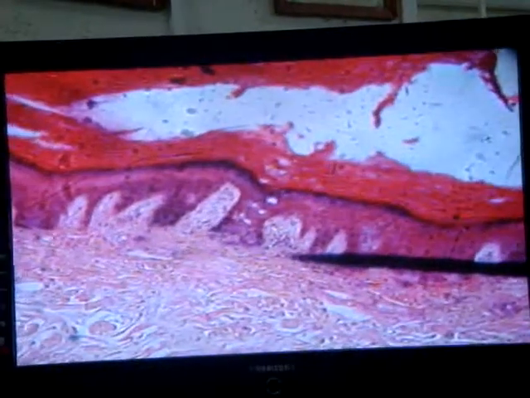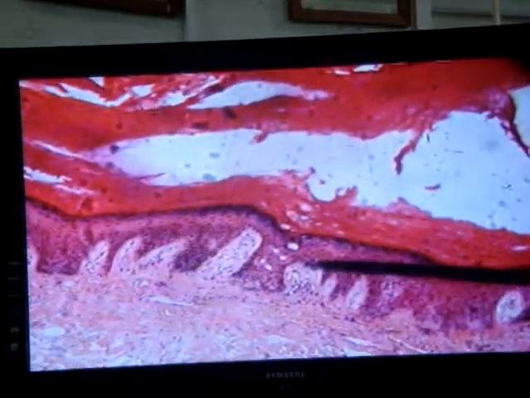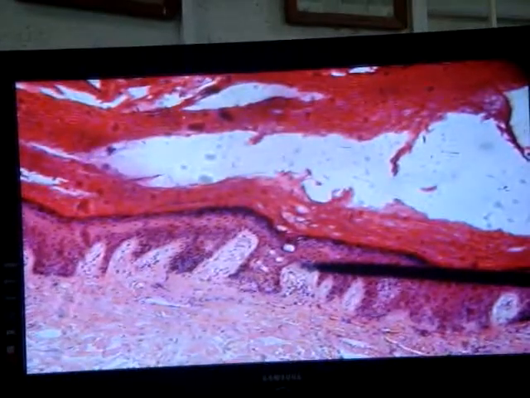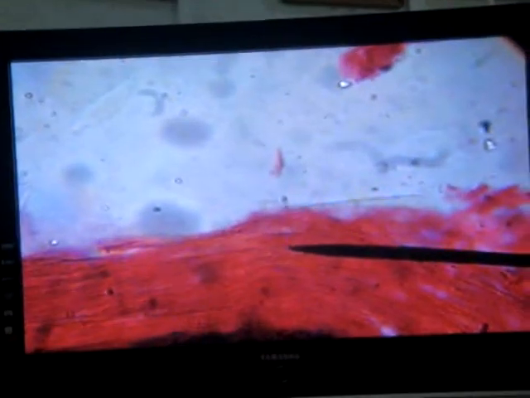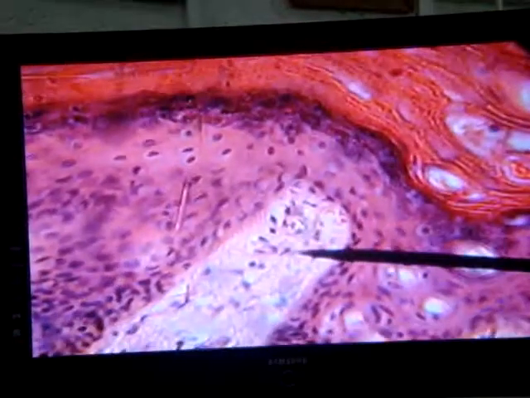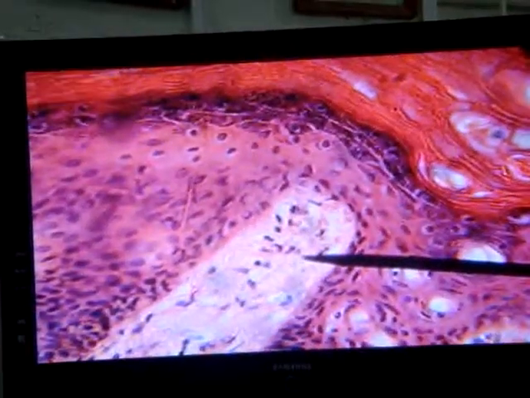Now, within these dermal papillae, we sometimes see another specialized nerve ending that's called the Meissner corpuscle. And these now are for two-point touch. That's a Meissner corpuscle there.